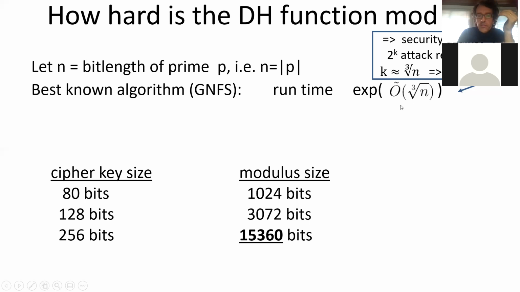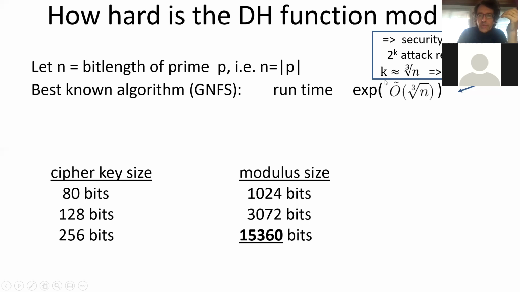Let's say I want security like 2 to the 80, so I want my security parameter to basically tell me the lower bound of attacks is 2 to the security parameter. That's the common, intuitive reading of what a security parameter is in a crypto system. So let's say I have a security parameter k, so I want the best attack to be 2 to the k.